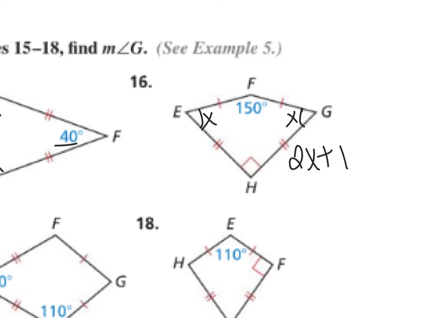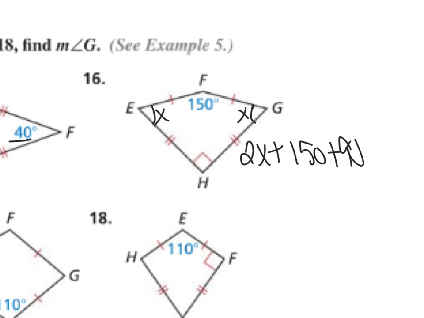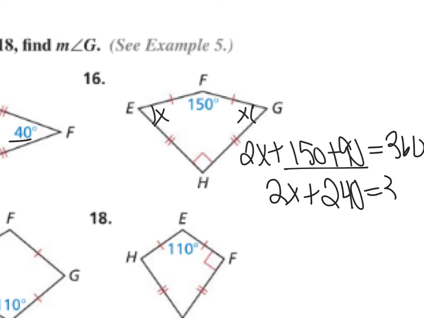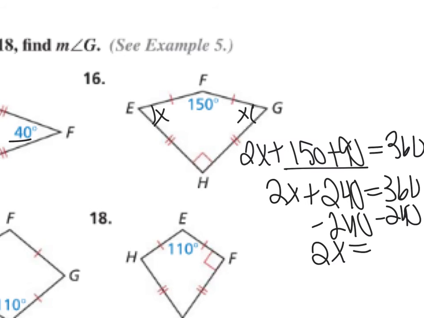So we're going to have 150 plus 90 equals 360. Go ahead and combine our like terms. We get 240. If we subtract 240 from both sides, we get 2x equals 120, so x equals 60.